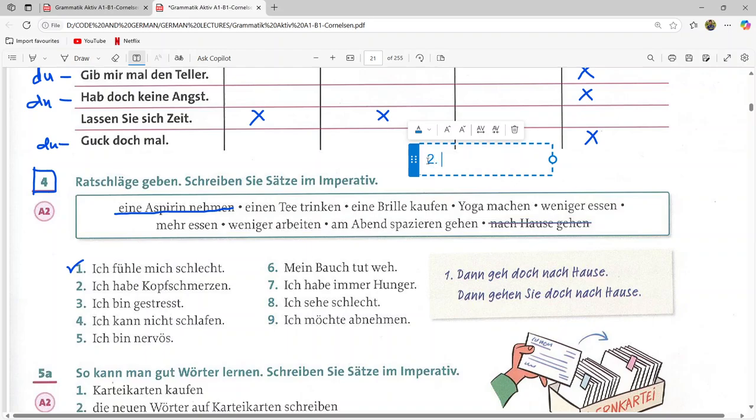So now if I want to say this in the du form, how can I say? "Dann", now the verb is nehmen, and in the du form this verb will become "nimm". And then just add "doch eine Aspirin."